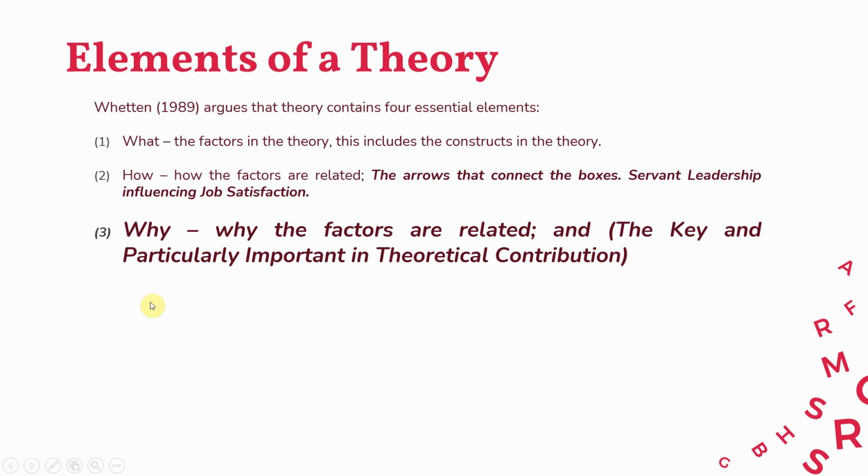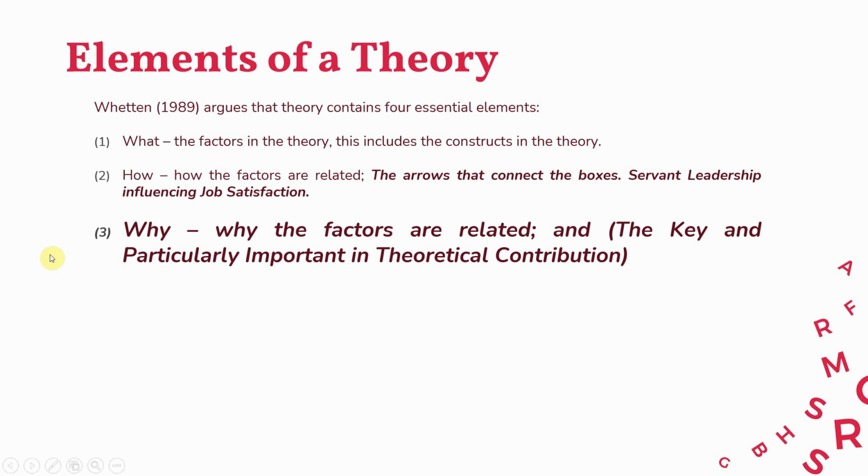Why do you think sustainable leadership will lead to improved knowledge management processes? Why do you think that studying this relationship is important? Why do you think that studying this relationship will add to the body of knowledge, will add to existing literature, will improve the theory, the knowledge based view, or will enrich the knowledge based view?